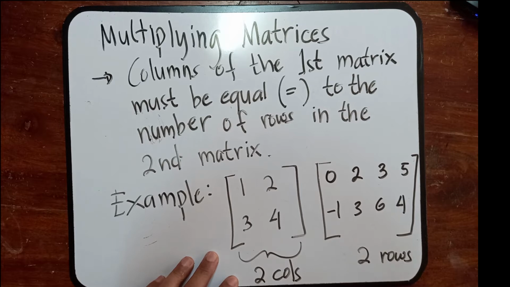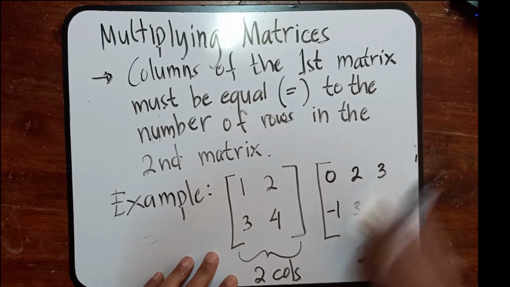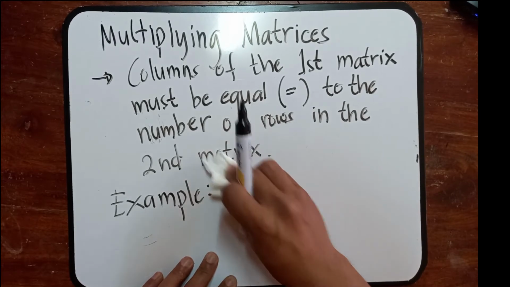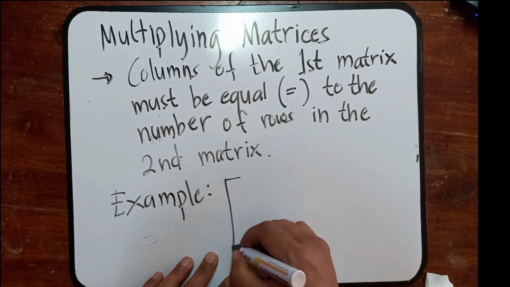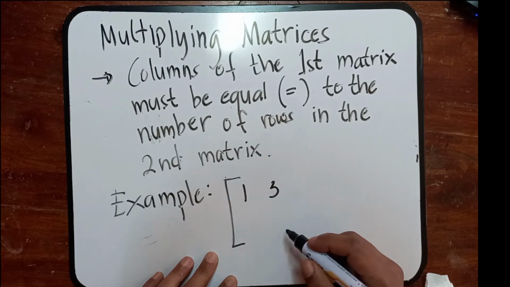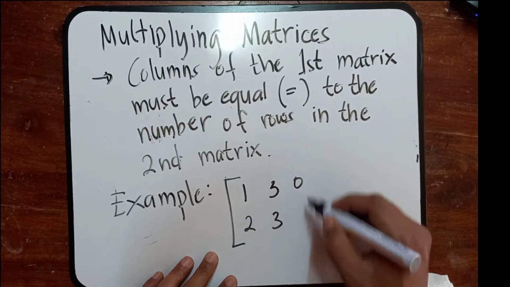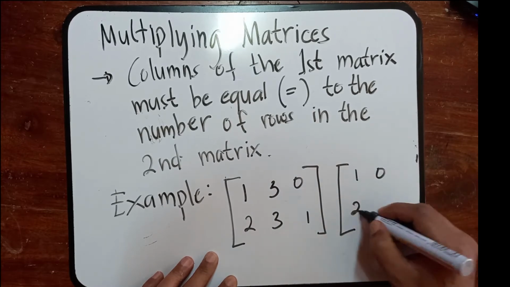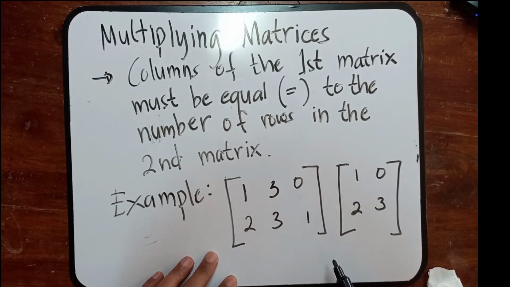Let's have another example. Let's say these are the given matrices. Before you do multiplication of matrices, we must first see if these matrices follow the rules for multiplying matrices.